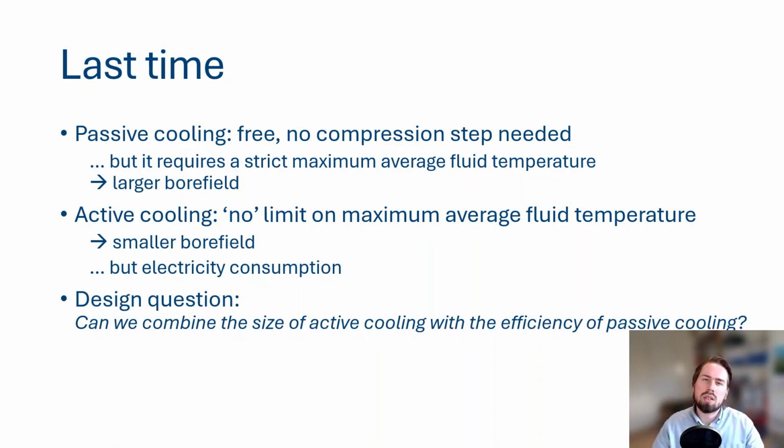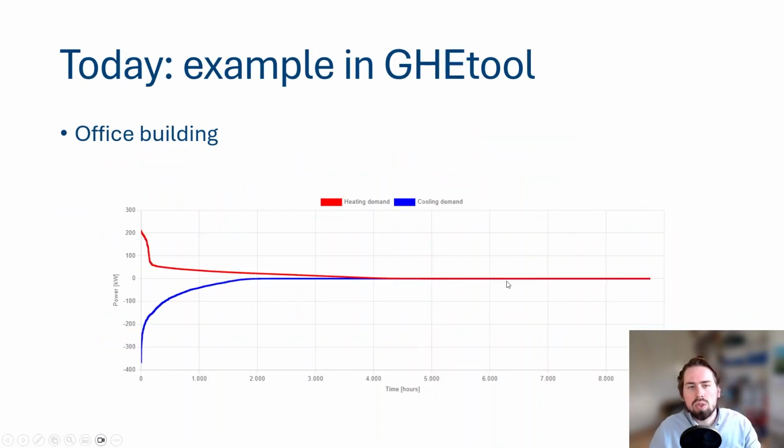Last time we talked about an example with an auditorium, and today I want to show you an office building in GHEtool, which is a totally different building. You can see that it's quite a big office, with up to 380 kilowatts of cooling demand, and also quite a lot of full load hours.